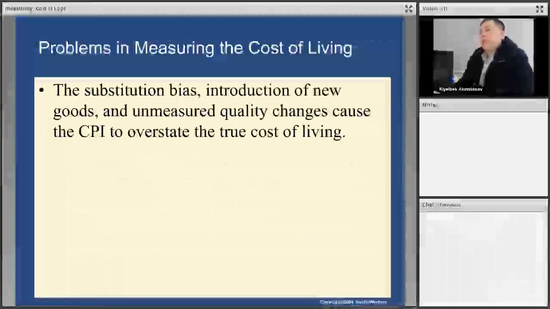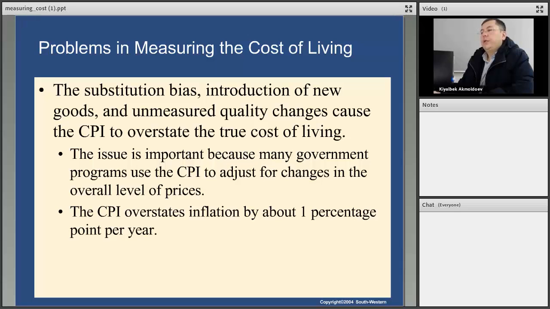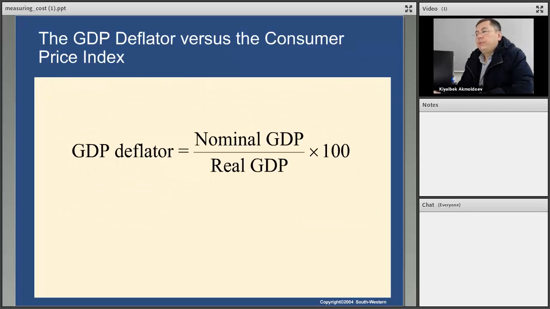So substitution bias, introduction of new goods, and unmeasured quality change make CPI overstate the true cost of living. The issue is important because many government programs use the CPI to adjust for changes in the overall price level. The CPI overstates inflation by about 1%. CPI, Consumer Price Index, overstates inflation by 1 percentage point per year.